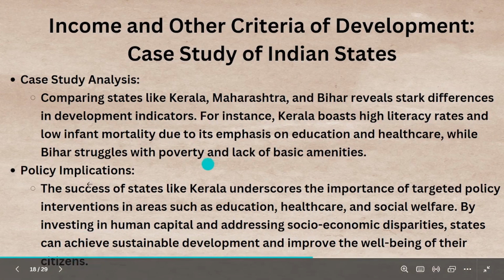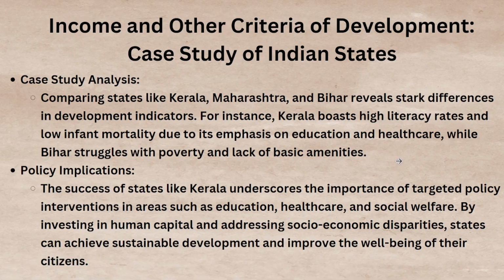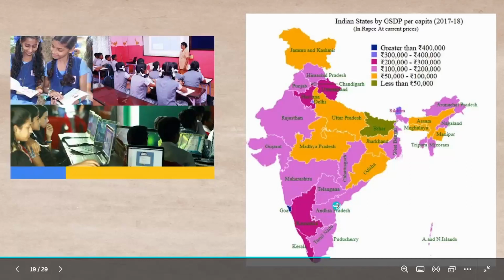So doing all this will achieve sustainable development. One example is Kerala, which implemented in the 1990s a strong education system. After 20 years, more than 90% of the population in Kerala is educated. So this is called sustainable development.